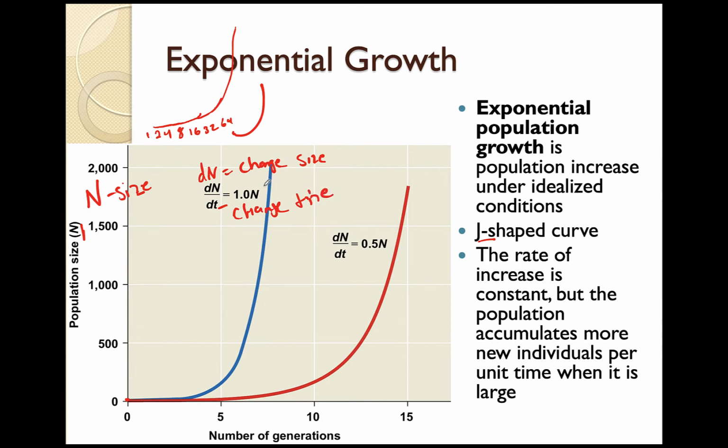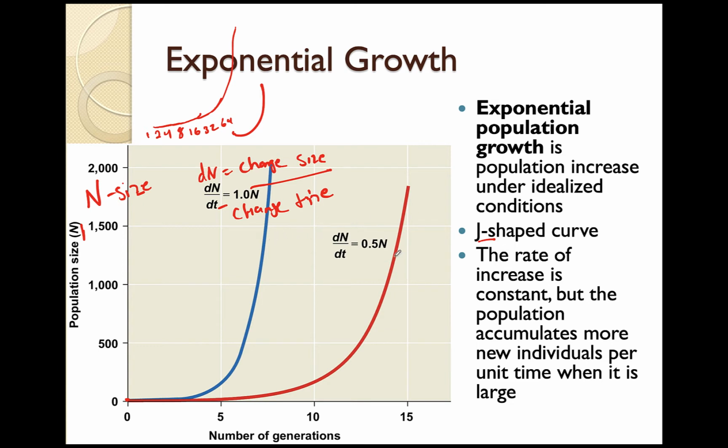So the growth rate is the change in the number of individuals over the change in the amount of time. Okay, so we're going to measure time in the number of generations rather than years, because some species will grow faster just because they have shorter generation times.